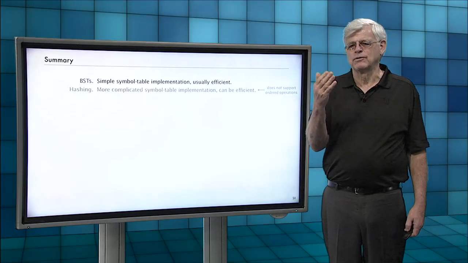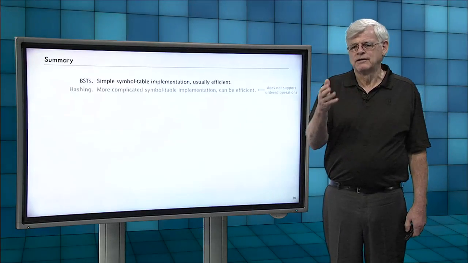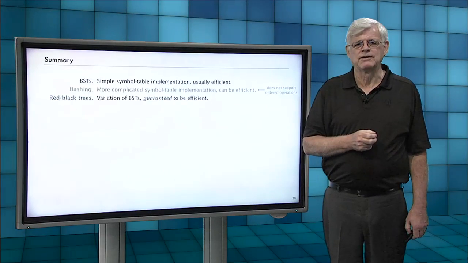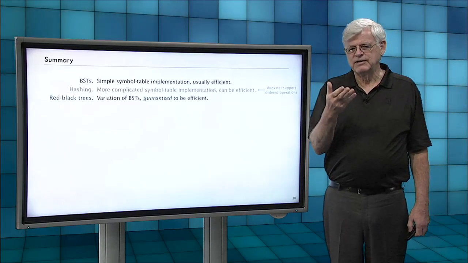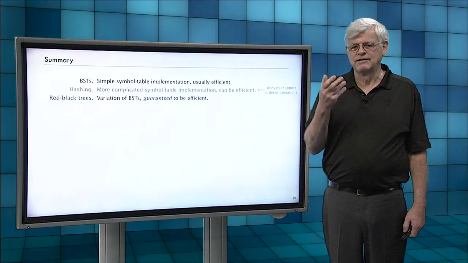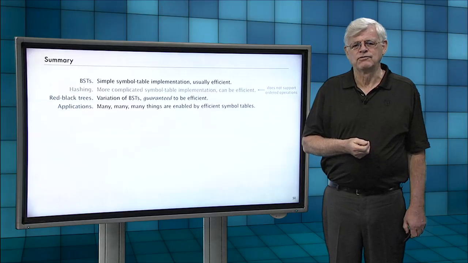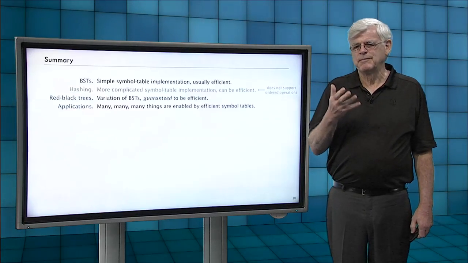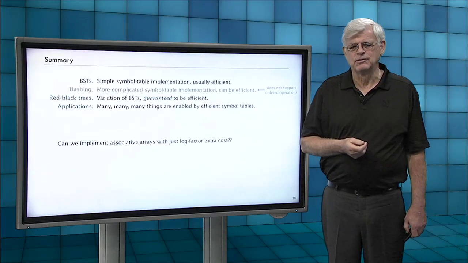It doesn't support ordered operations, and it's got other different performance characteristics that, again, you can learn about in a course on algorithms. With red-black trees, that's a variant that's guaranteed to be efficient. So it's an industrial strength implementation of symbol tables. And there's many, many, many applications that are enabled by efficient symbol tables.